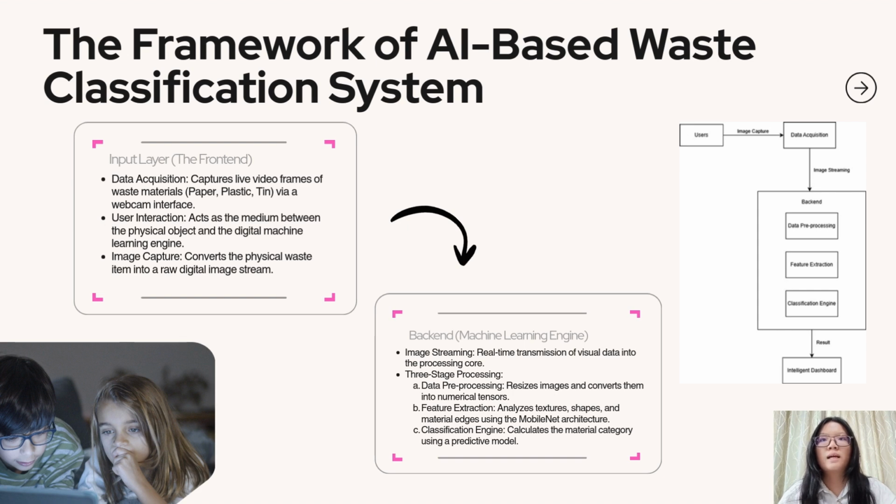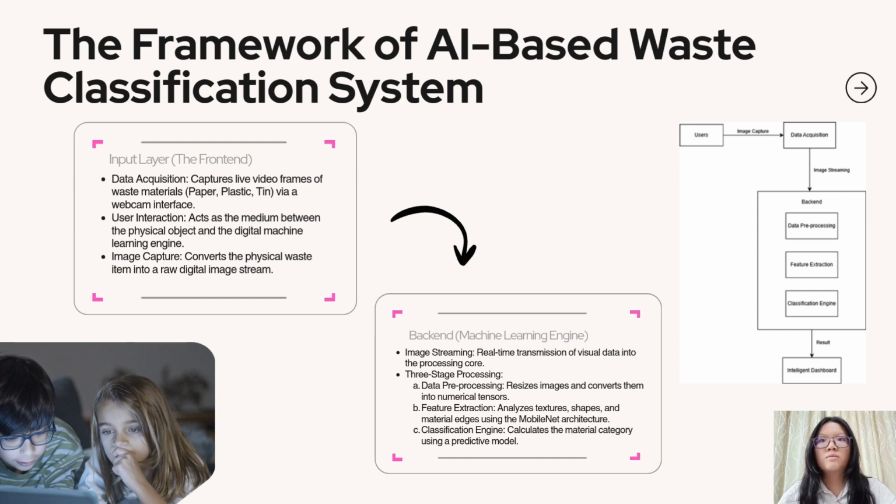This webcam acts as the primary input device that observes the physical waste item placed in front of it. Through user interaction, the system serves as a bridge between the physical object and the digital machine learning, allowing the user to present the waste items to the camera for recognition.